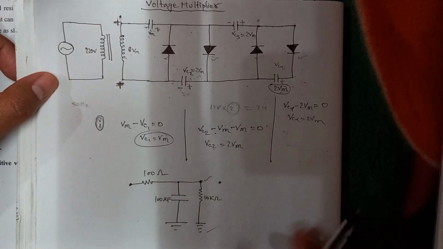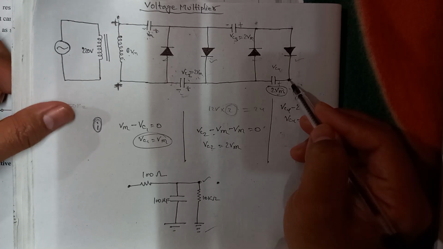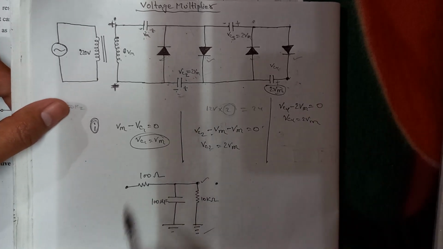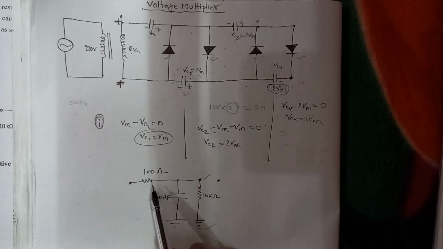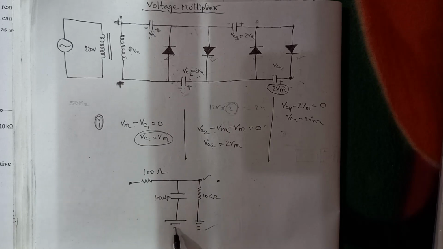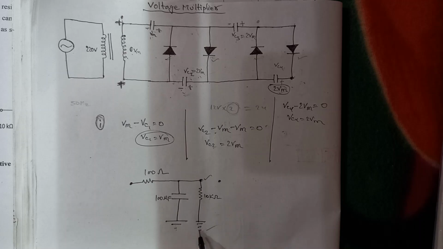One thing I want to say: do you remember this point? From this point you need to join this circuit. In this circuit, a 100 microfarad capacitor is connected, a resistance is connected here, and a 10 kilo ohm resistor is connected to the ground.